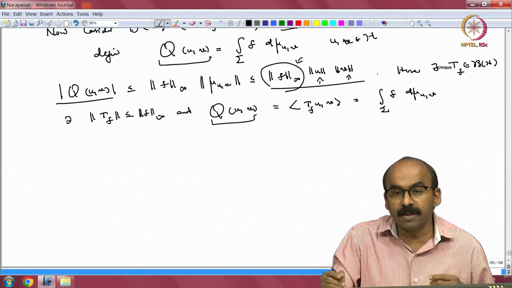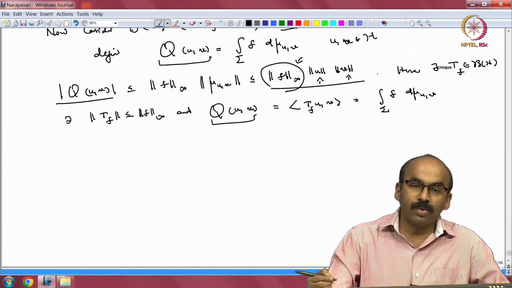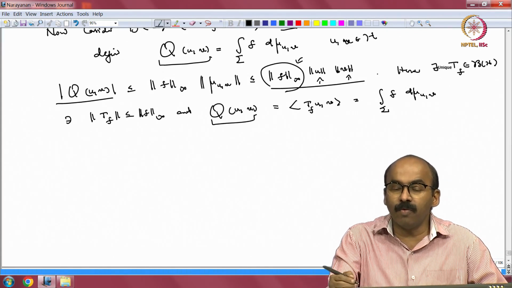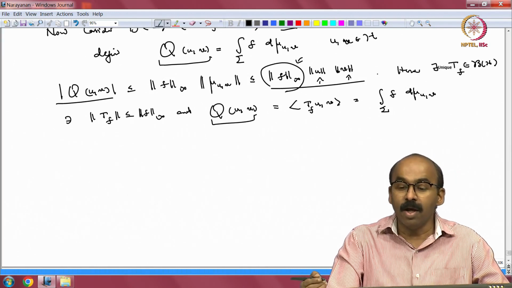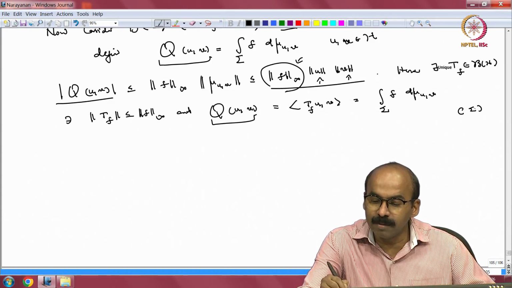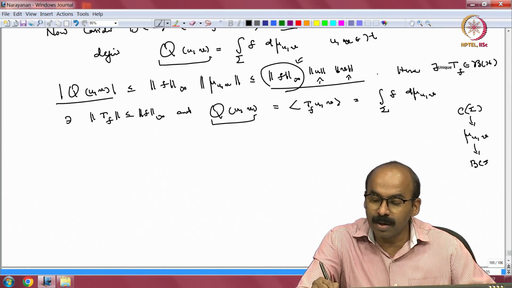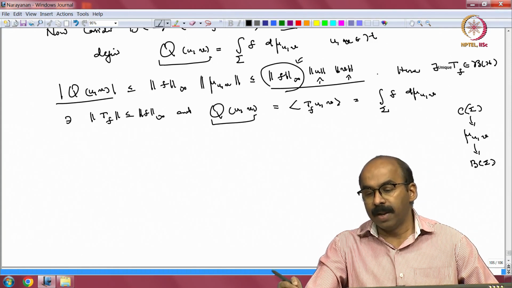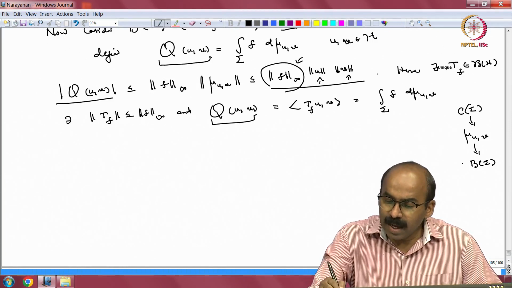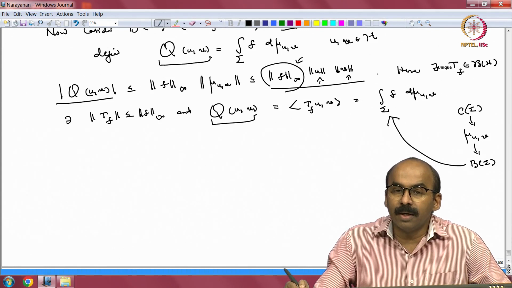So, keep this in mind that we constructed the measure mu u v using continuous functions, right. Now, we are using these measures to extend that continuous functional calculus to L infinity functional calculus. Of course, we have to prove various things, but we have at least got an operator for all bounded functions. So, let me record that from C sigma we got these measures mu u v, and from here we went to bounded functions on sigma, and used this to get a bounded operator on the Hilbert space, right.